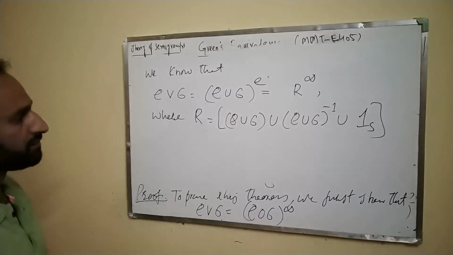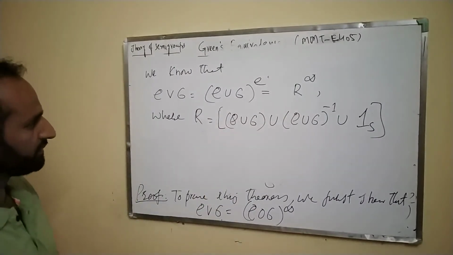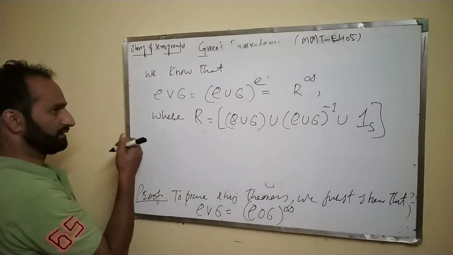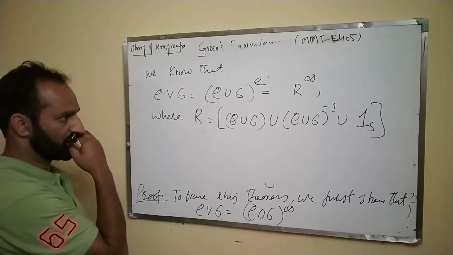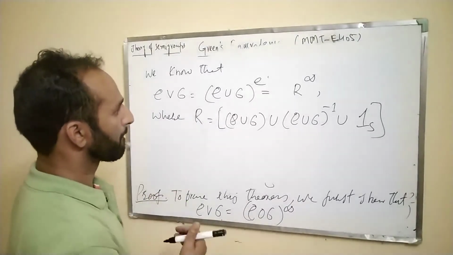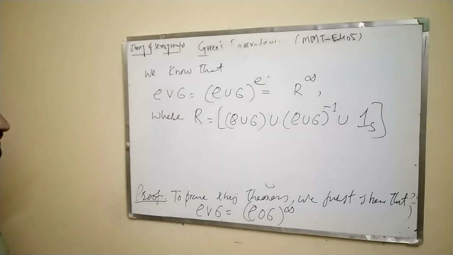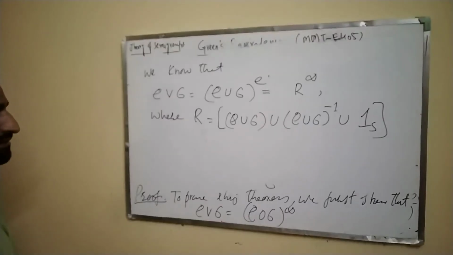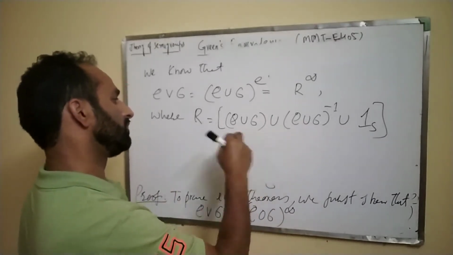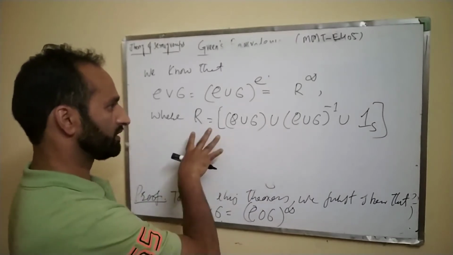You can see one of my previous lectures in which we have seen that if we want to find RE, then RE is actually R infinity. What we have done in that theorem, R is equal to this.